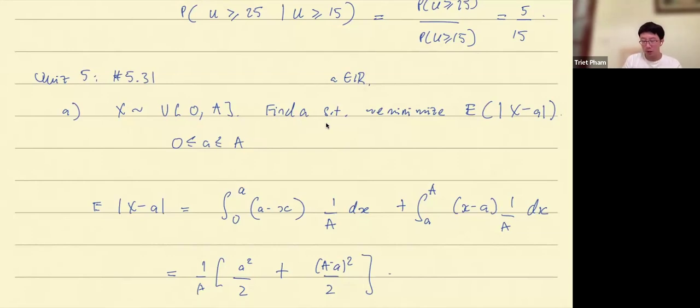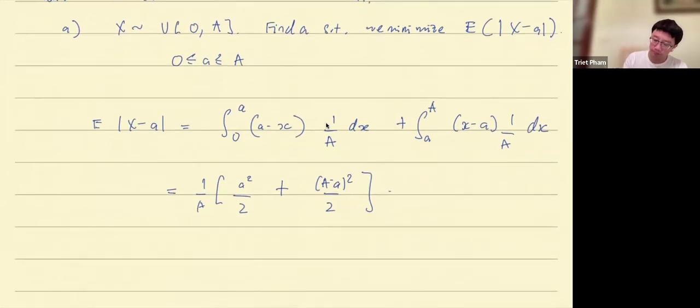And so we're minimizing. So what do we do? We differentiate with respect to little a and set it equal to 0. Well, 2a goes down to a.